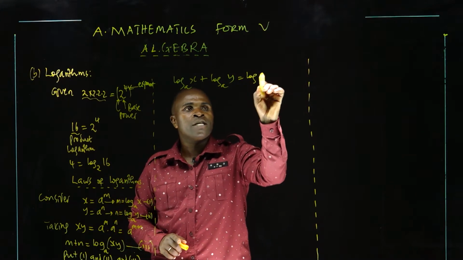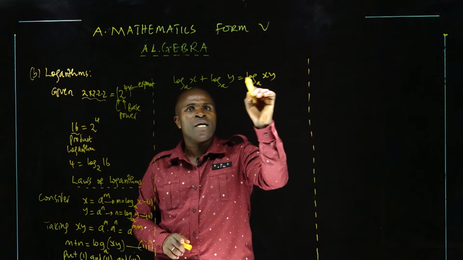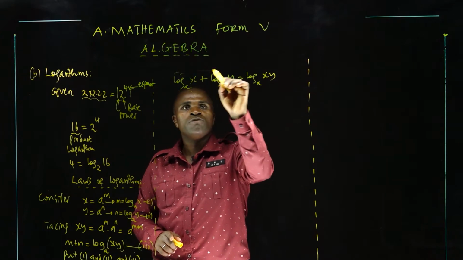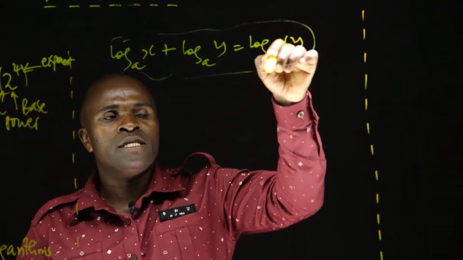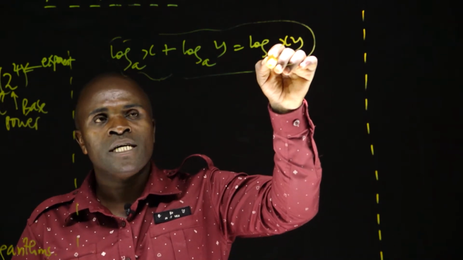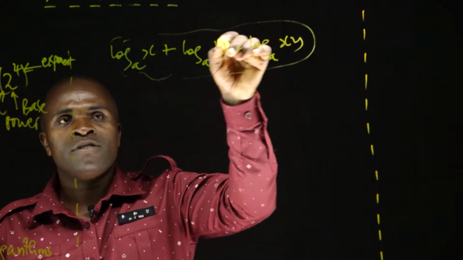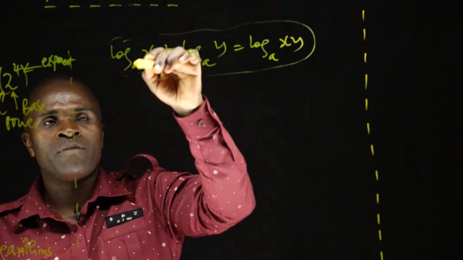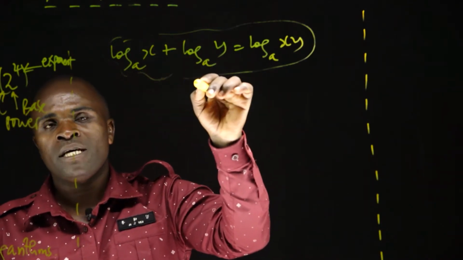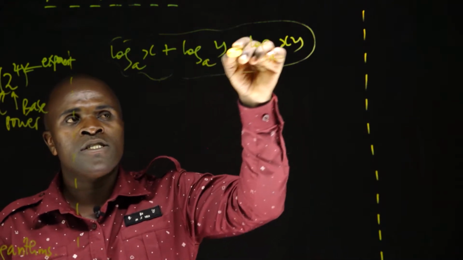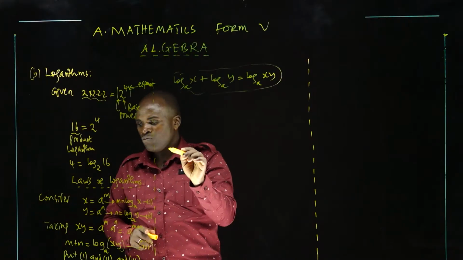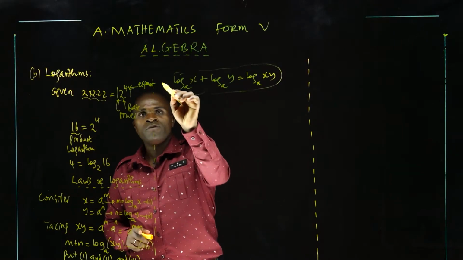This equals logarithm of xy base a. So the rule says multiplying numbers with the same base is the same as adding the logarithms of the numbers expressed with a common base. Or we can say adding logarithms of the same base is simply multiplying. So this is the first rule.